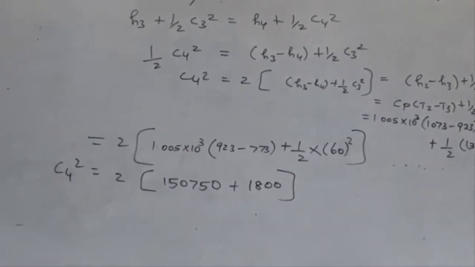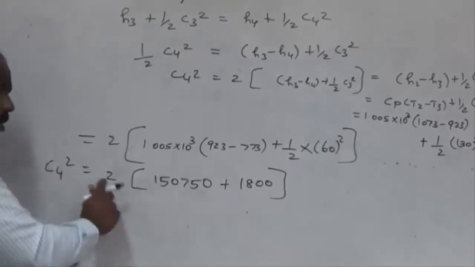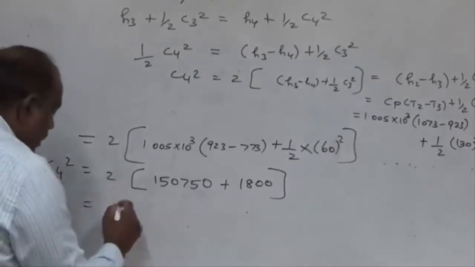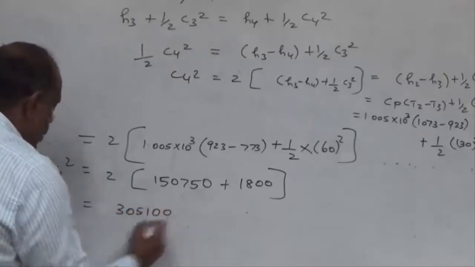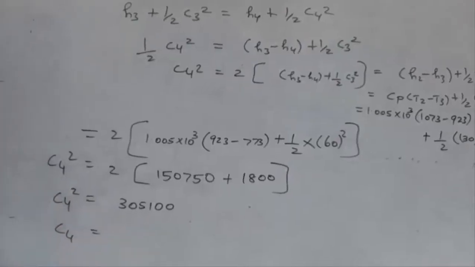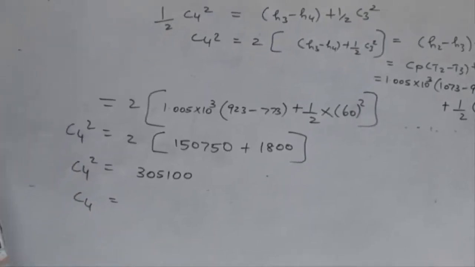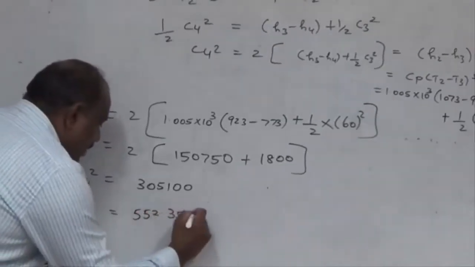Positive only. Now we multiply by 2: 305100. It is C4 squared. Can you take the square root? 552.35 meters per second, isn't it?